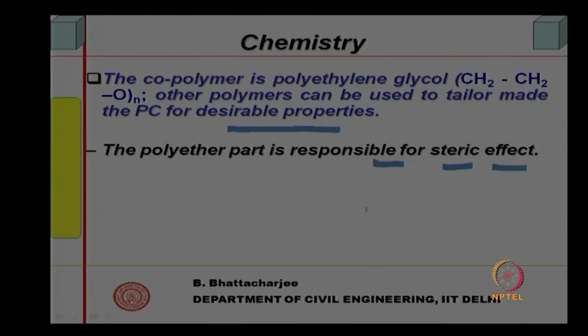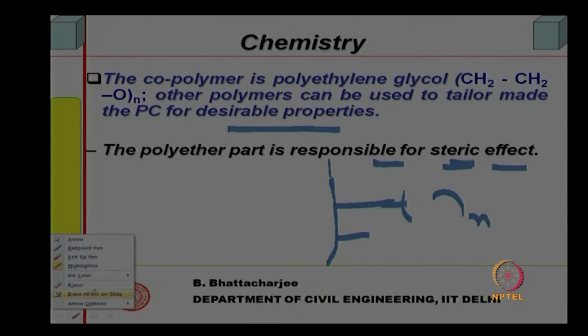The polyether part is responsible for what is known as steric effect. I will come to steric effect because the structure is combed. So, this is your main chain which is the polycarboxylate chain and here is the ether. So, the ether group chain is here, polymer. So, therefore, this honeycomb structure effectively increases the size of the particle, and causes further dispersion by size effect, which is known as steric effect.